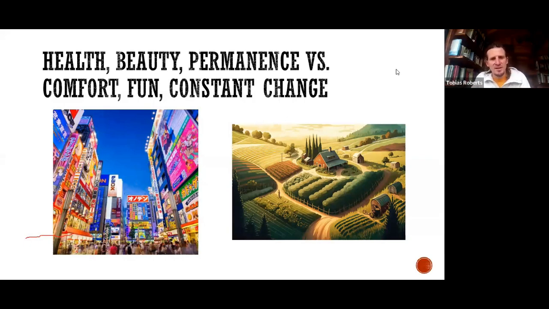Or what we see on the left: technology for more comfort, more fun, more convenience, and constant change, constant supposed growth and improvement. I think that those are different kinds of values that we should think about, right? And really understand that the technologies that we adopt are definitely going to affect how we live and who we are.